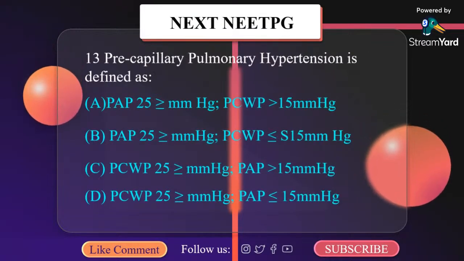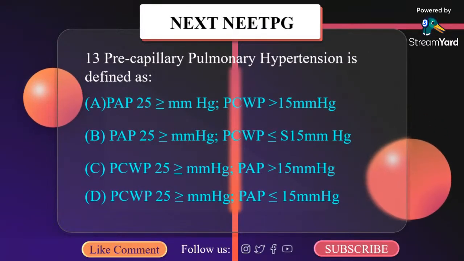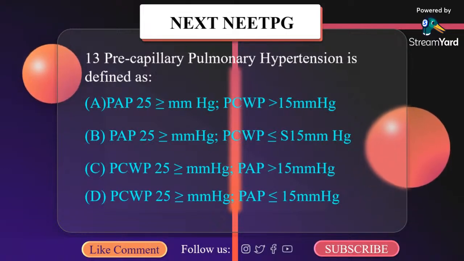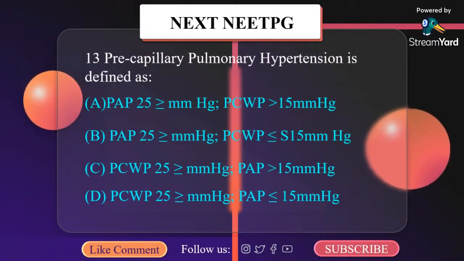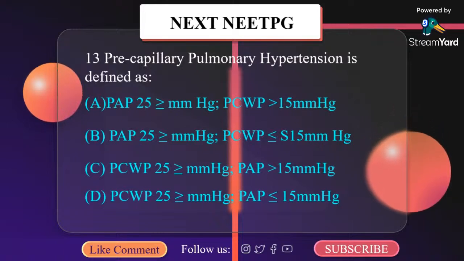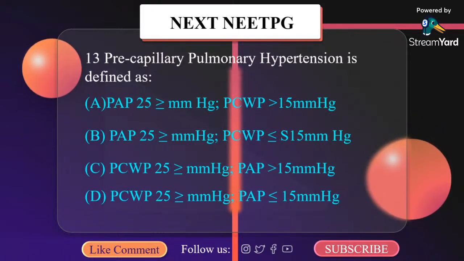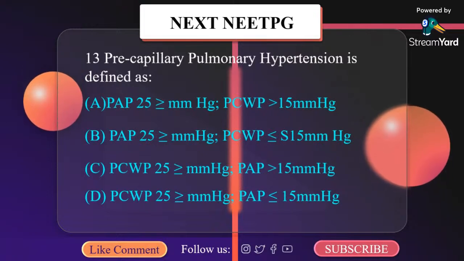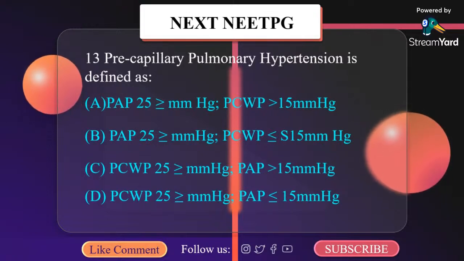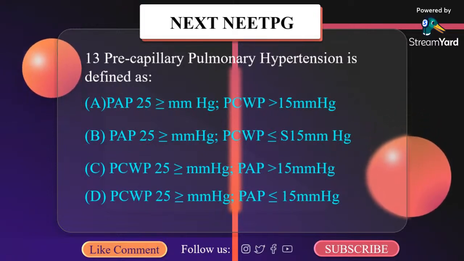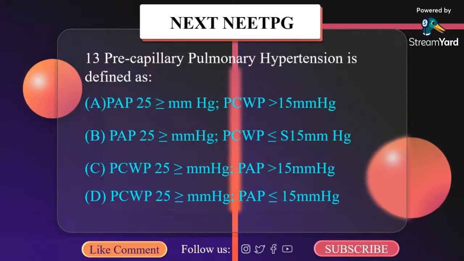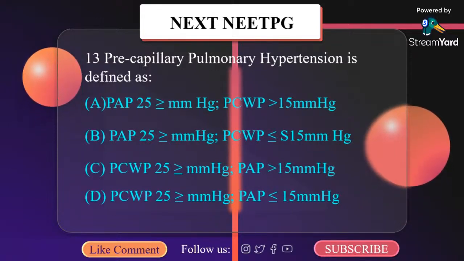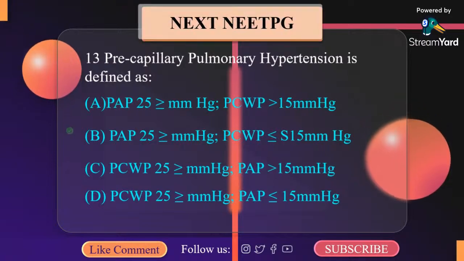Precapillary pulmonary hypertension is defined as: A. PAP more than or equal to 25 millimeter of mercury, PCWP more than 15 millimeter of mercury. So the correct answer here is PAP more than or equal to 25 millimeter of mercury and PCWP less than or equal to 15 millimeter of mercury.